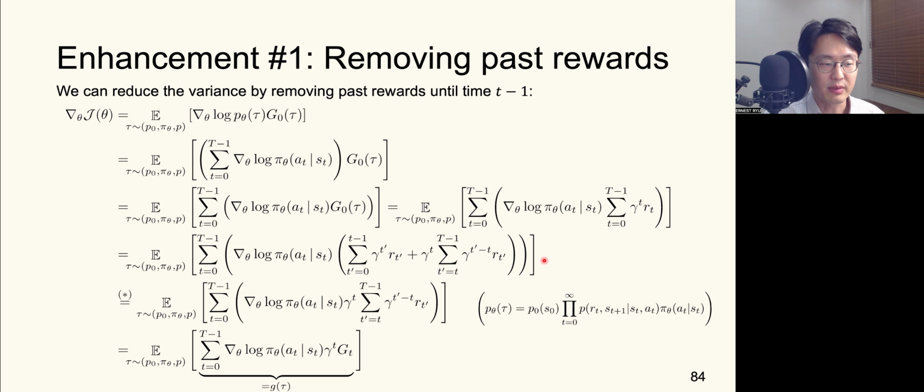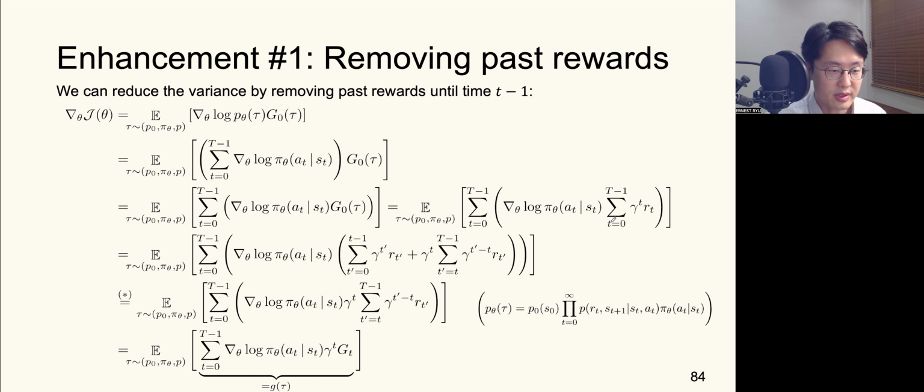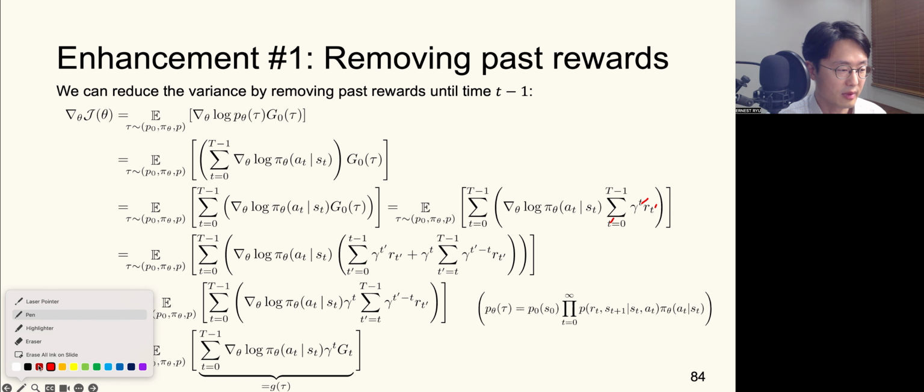Let's decompose the summation as the sum from 0 to t minus 1, and then a summation from t to big T minus 1. Okay, so there's a bit of ambiguity here, so there's a typo. Let me correct this. Here this should be t prime, t prime, t prime. Okay, a little better.